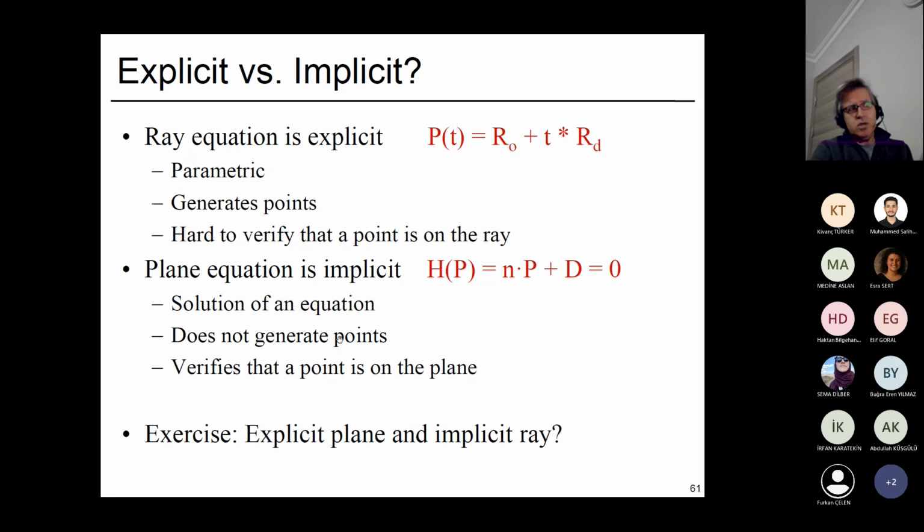So this is just an equation, and if I find a t, then I find the intersection of that plane with my object. Or if I know the point itself, then I can do a check if that point is on that plane or not.